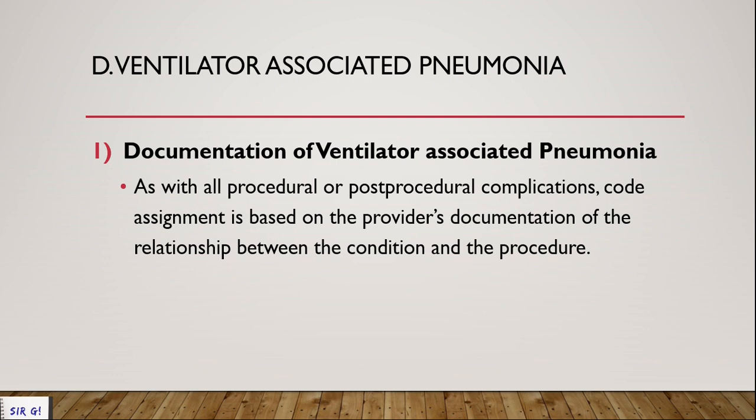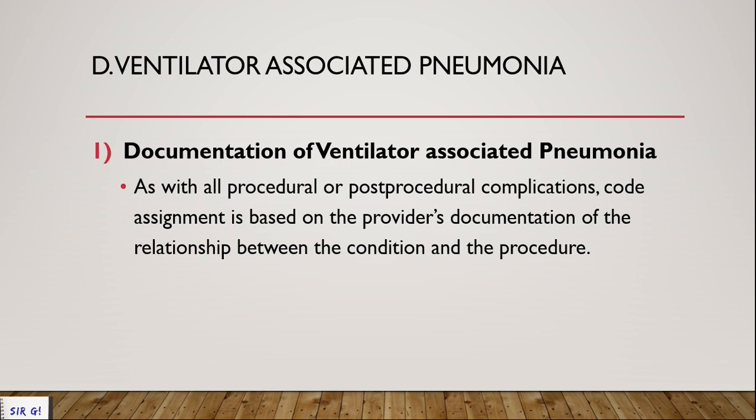Now, documentation of ventilator-associated pneumonia is very specific in the guideline: it is associated pneumonia. Ventilator-associated pneumonia, meaning that the pneumonia is due to that ventilator hookup. So as with all procedural or post-procedural complications, code assignment is based on the provider's documentation of the relationship between the condition and the procedure.